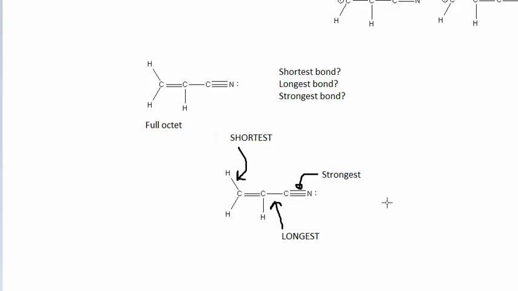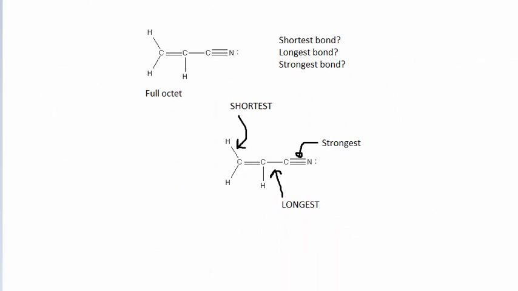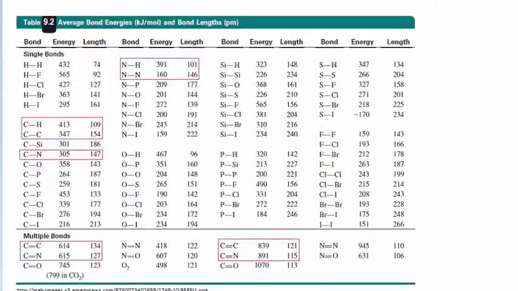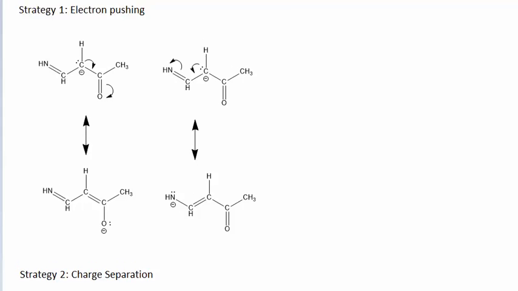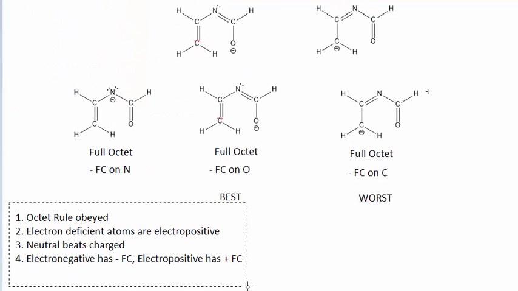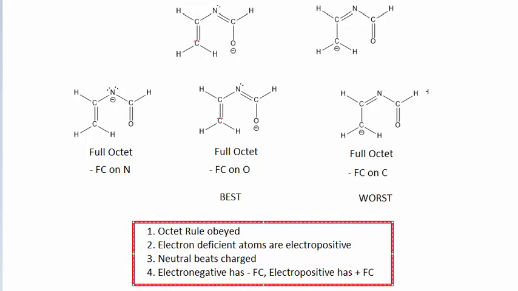All right, so hopefully this helps you out a bit. Hopefully you'll start considering this charge separation as a backup strategy, and hopefully you know from these rules over here how you're going to be ranking the importance of your resonance structures.